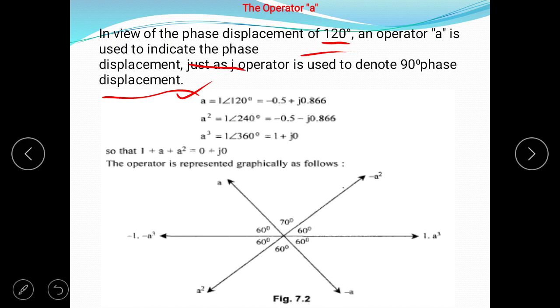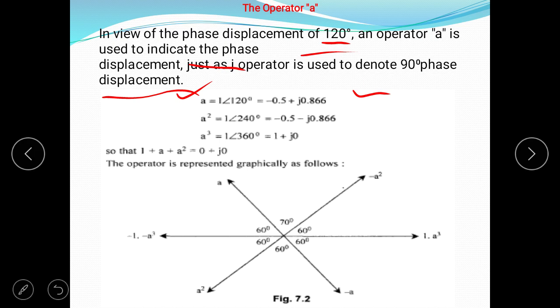When this operator is applied with any phase, it rotates that phase in anti-clockwise direction by 120 degree. So the value of operator A is 1 by angle 120 degree, that is equal to minus 0.5 plus j 0.866.